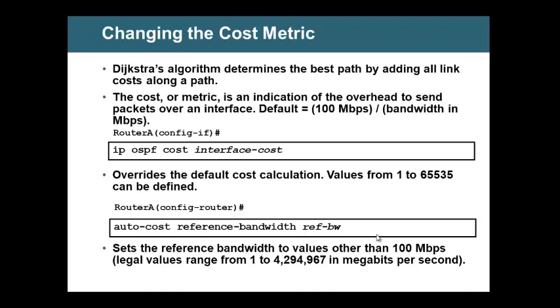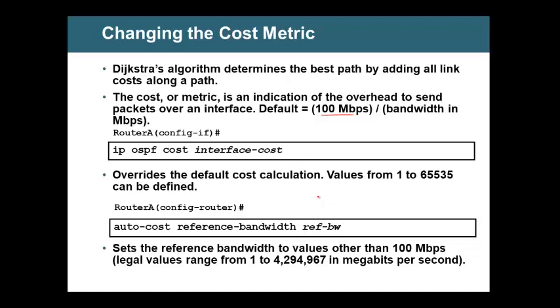So they kept 100 as the reference, thinking that 100 will be the biggest, which technology may not reach. They keep 100 as the reference and say how big their current bandwidth is.